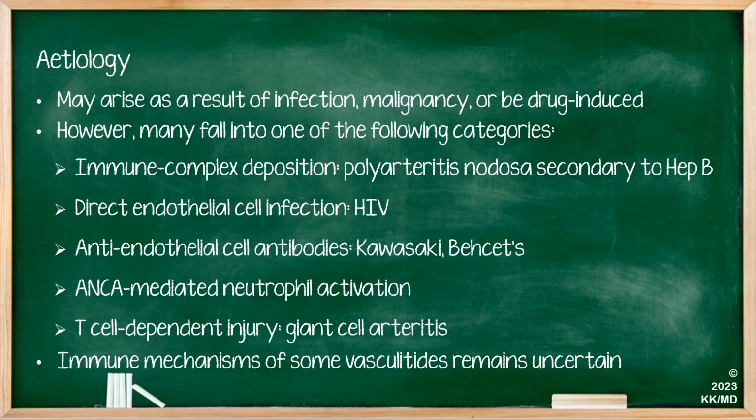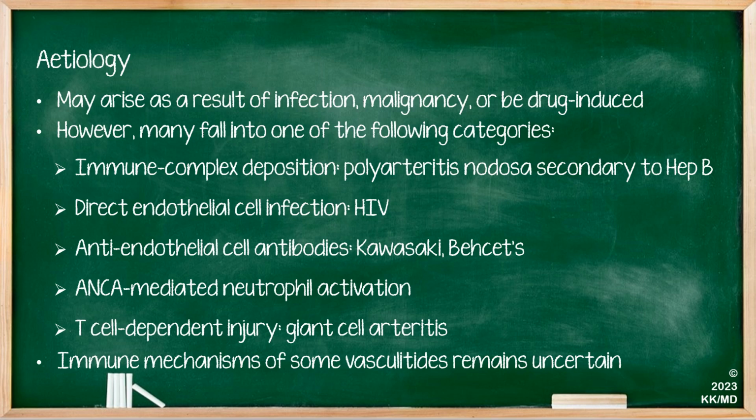However, the ones that we will mainly be speaking about in the coming episodes and the ones that are most relevant for your MRCP examinations mainly fall into one of the following categories. So these are mechanisms of how vasculitis may arise. So firstly, may be due to immune complex deposition.